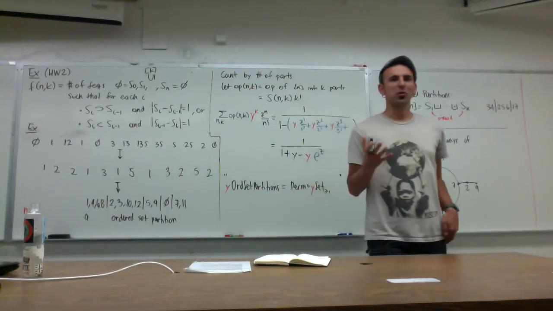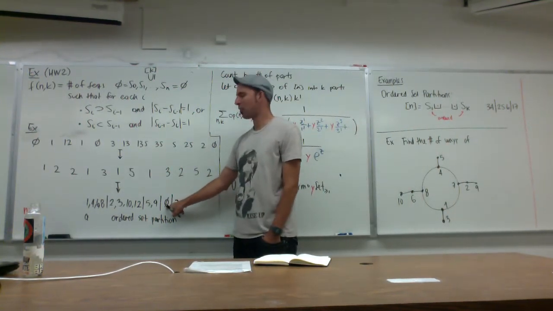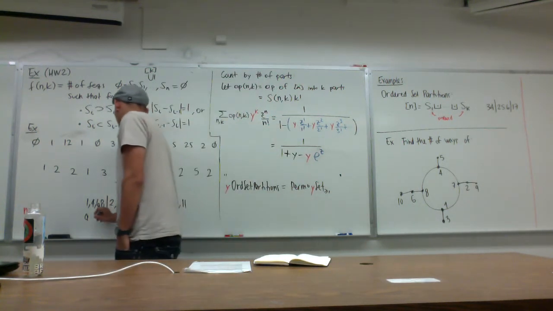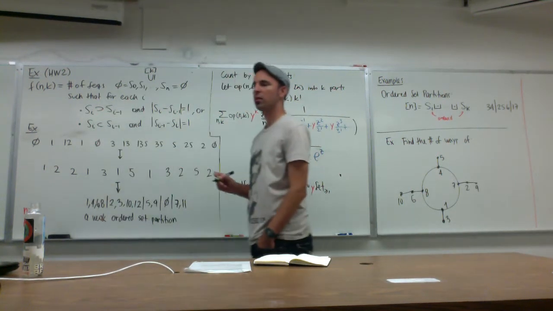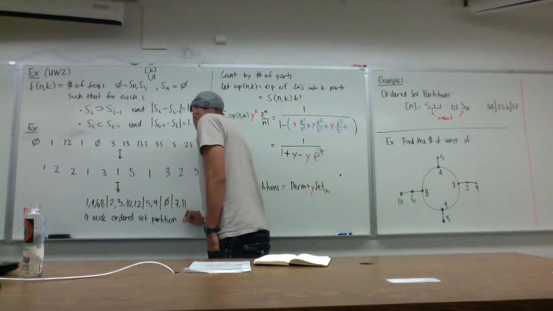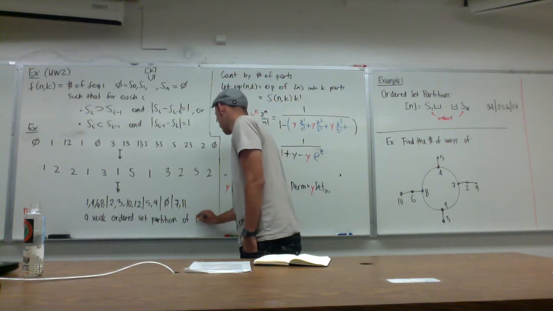Well, it's almost an ordered set partition, except that in set partitions we're not allowed empty parts, and here we are allowing it, so this is actually a weak ordered set partition. Okay? Now it's a weak ordered set partition of what set? Of n, right?